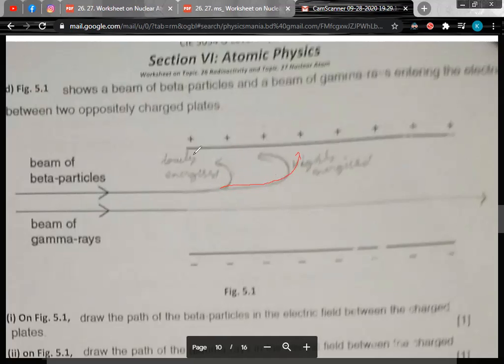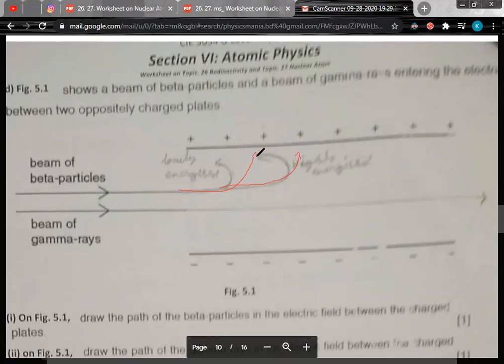Listen. There is another problem. Here you are entering the electric field, and for some path you are still going in a straight line. Why? Sir, when it enters, it takes some time to take effect. Yes, when you are entering the electric field, that time it will start bending.